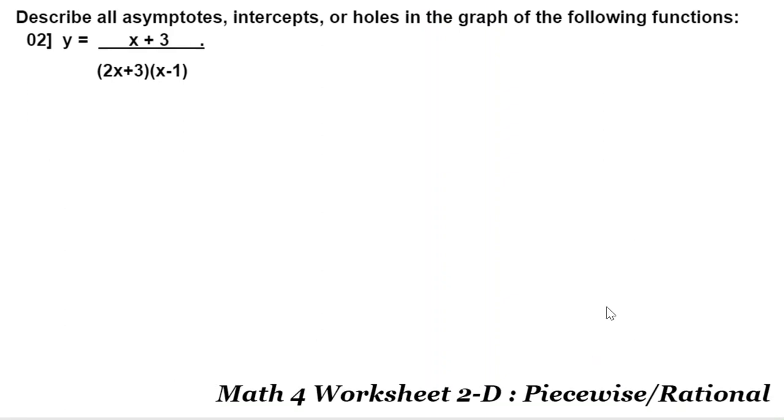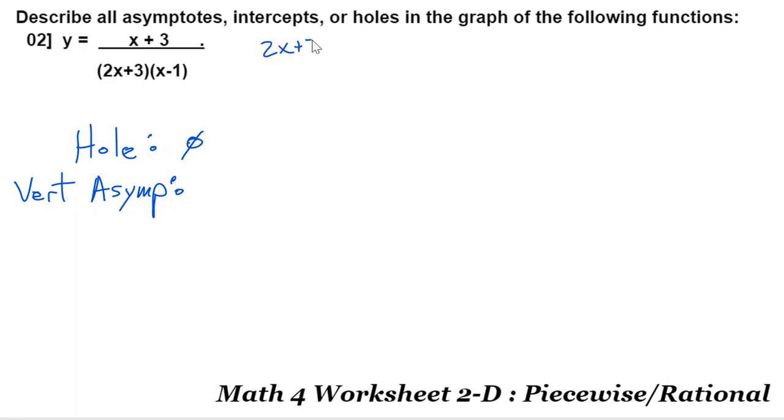Number 2, there is nobody canceling out, so there are no holes. For a vertical asymptote, there are 2 of them. If I were to, well, I'll go ahead and spell it out this way, taking that one and solving.